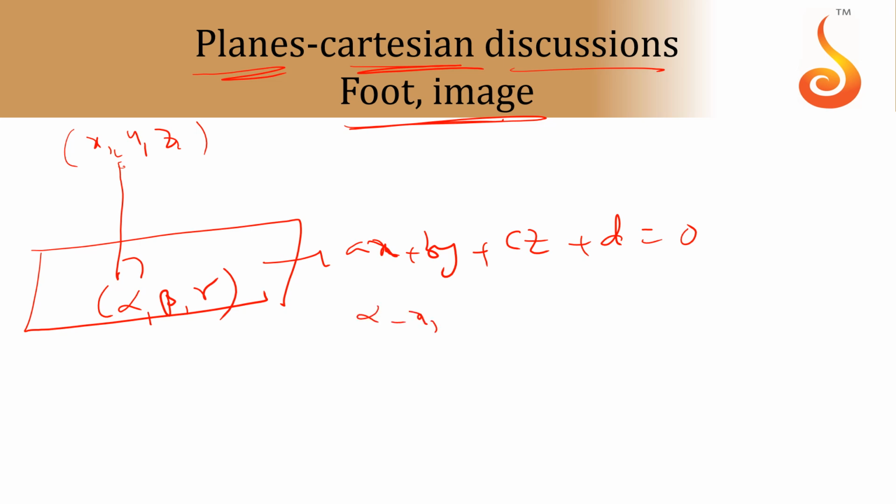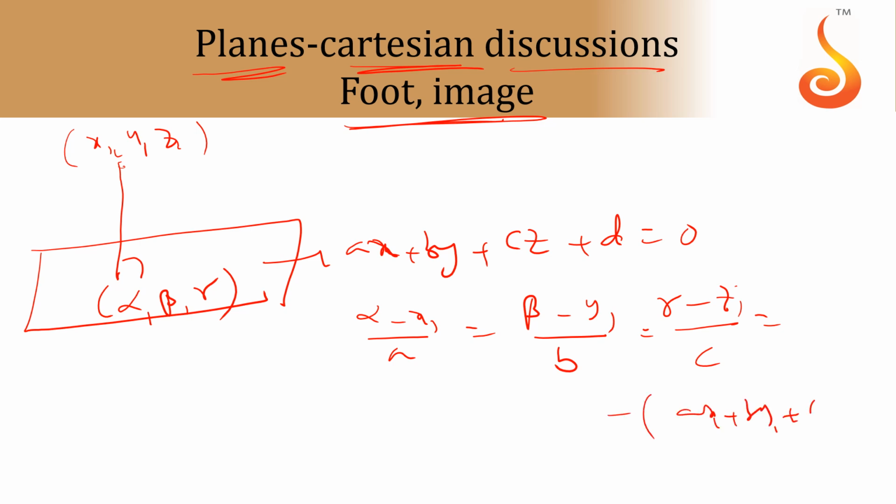Then (alpha minus x1) by a equals (beta minus y1) by b equals (gamma minus z1) by c equals minus of (ax1 plus by1 plus cz1 plus d) by (a square plus b square plus c square). If you extend it, you will get x2, y2, z2 as the image.